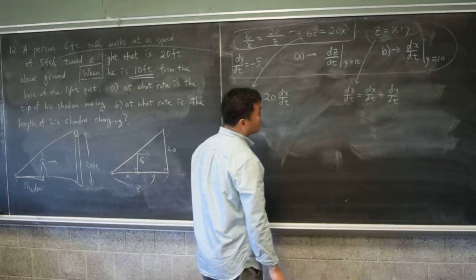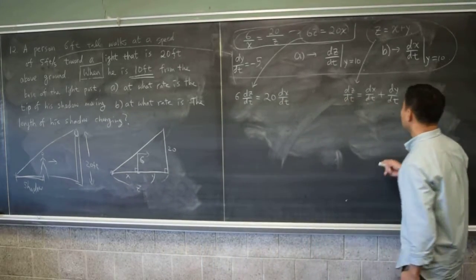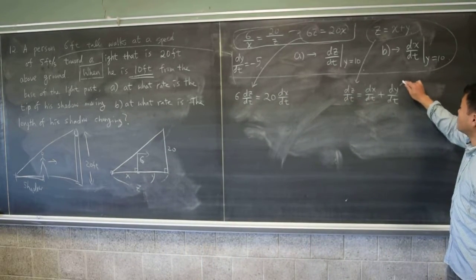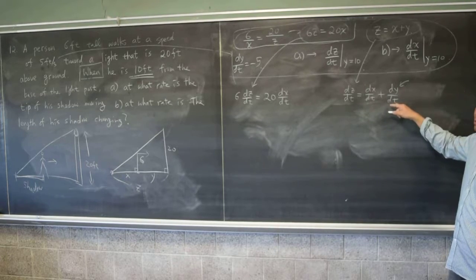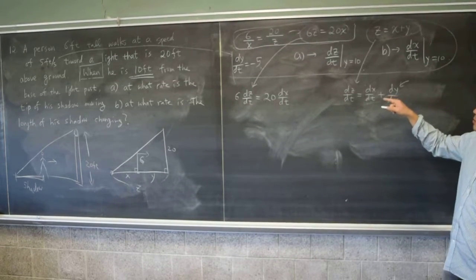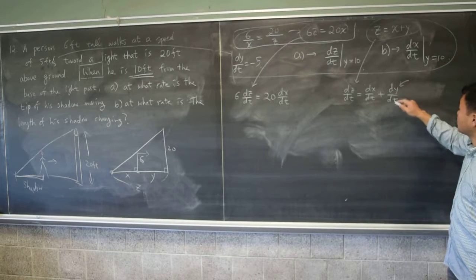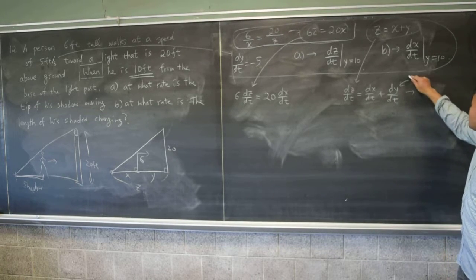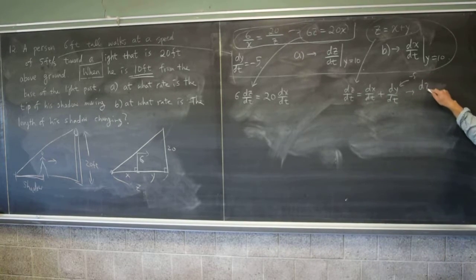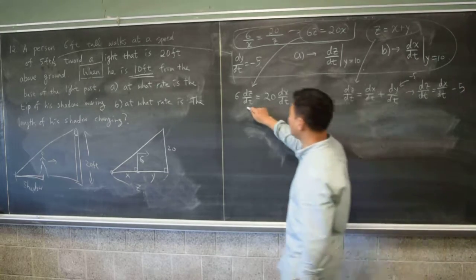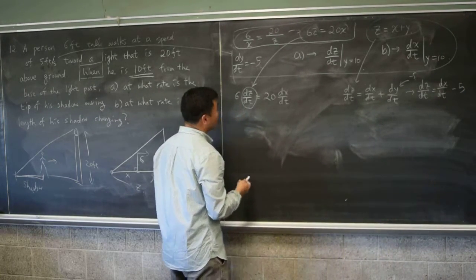Here I have dy dt as negative 5. So I have dz dt is dx dt minus 5, which can be plugged into here on the left side.